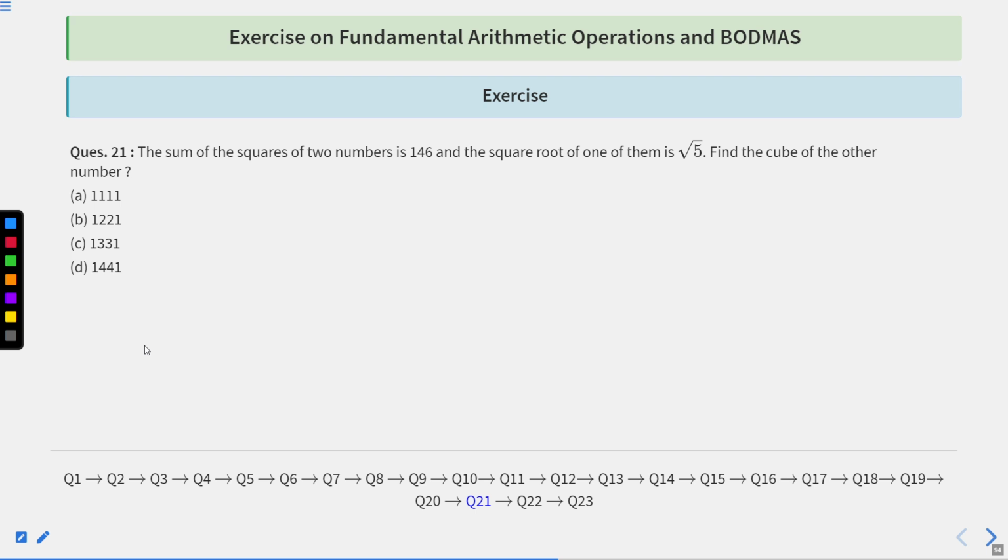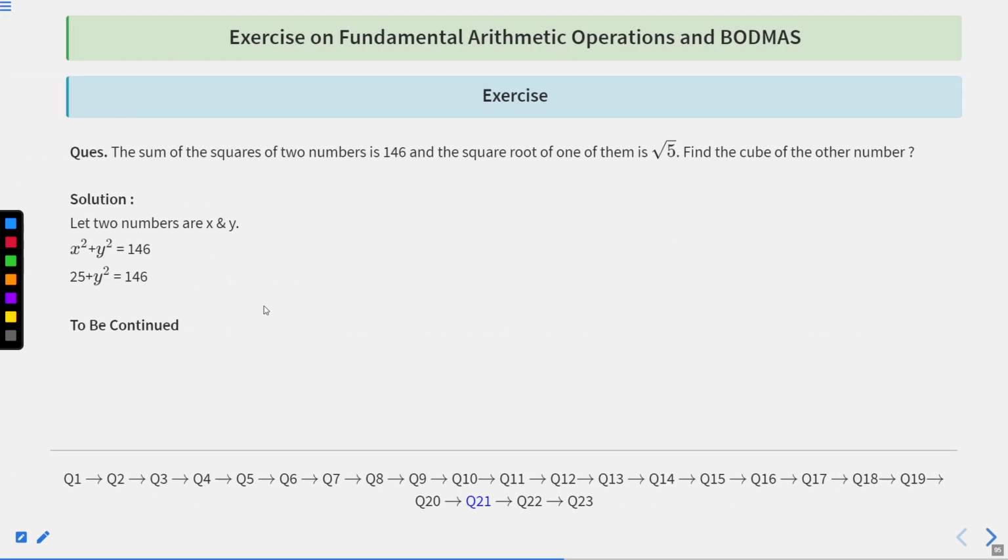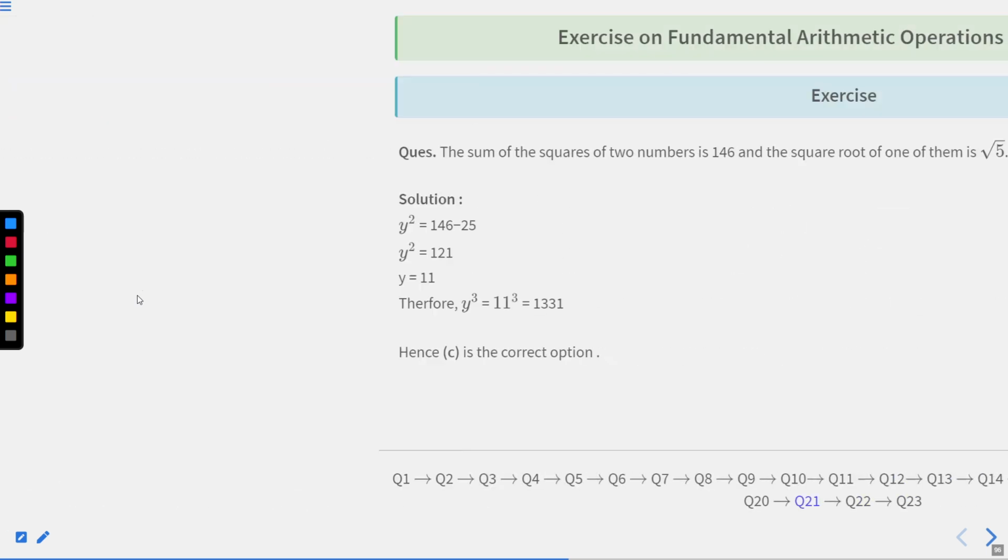Now move to problem number 21. The sum of the squares of two numbers is 146 and the square root of one of them is root 5. Find the cube of the other number. Let the two numbers be x and y. So x square plus y square is given to be 146, and it is given that the square root of one of them is root 5, so 5 plus y square is equal to 146.